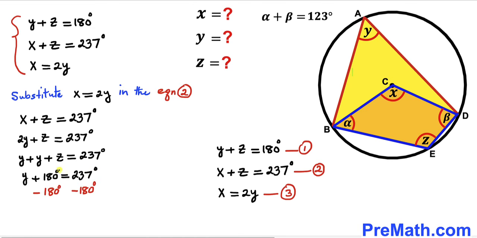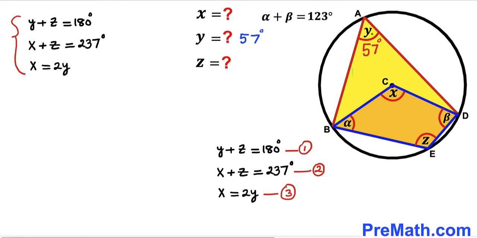Now we subtract 180 degrees from both sides to isolate Y. This 180 degrees and negative 180 degrees is gone. So our angle Y turns out to be 57 degrees.